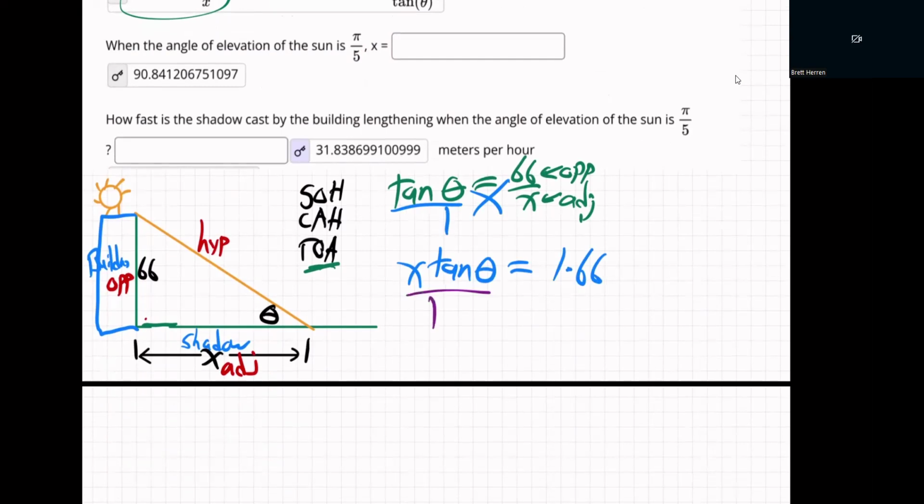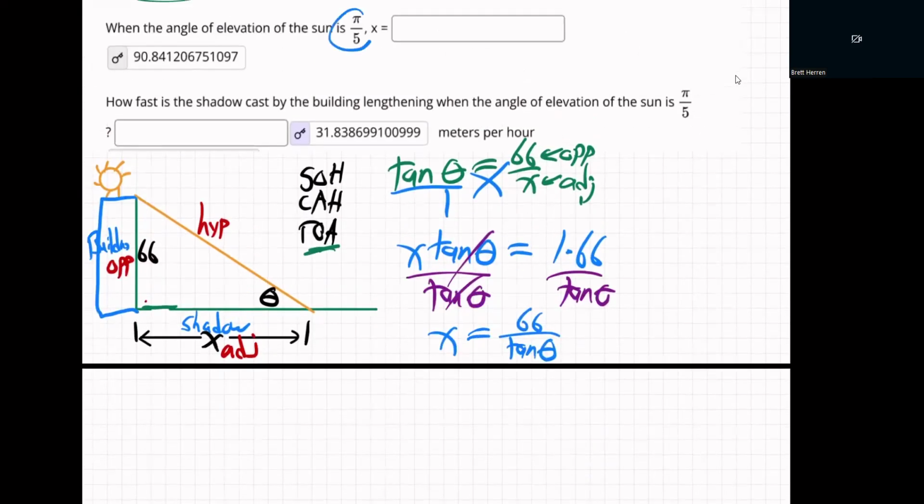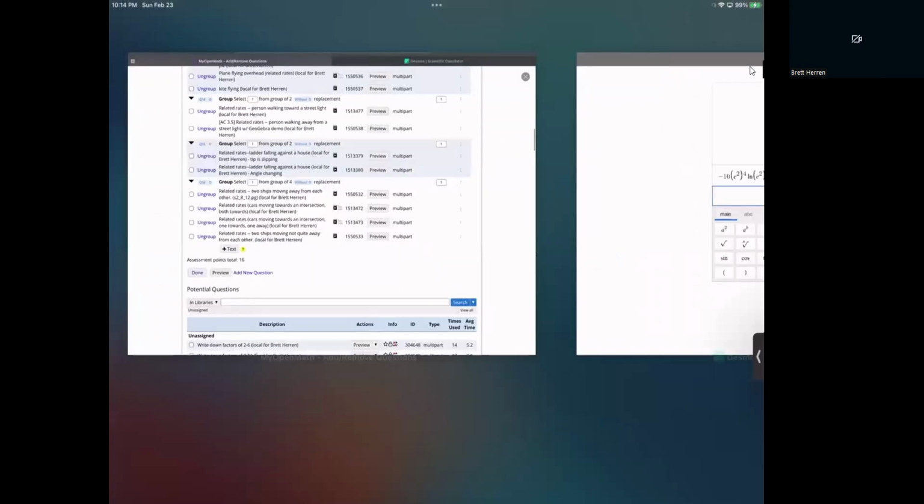We're trying to find x, which would be divided by the tan of theta. Boom, boom. So there we got x. X is 66 over tan theta. And they're telling us the theta is pi over 5. So it'll be 66 over tan pi over 5. Let's go to Desmos. 66 over tan pi over 5.